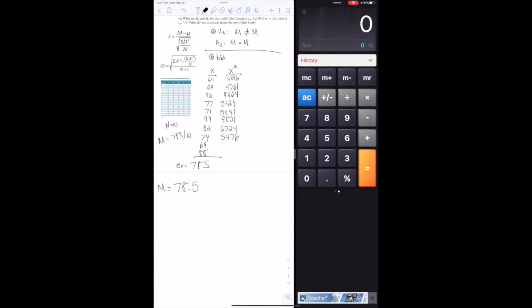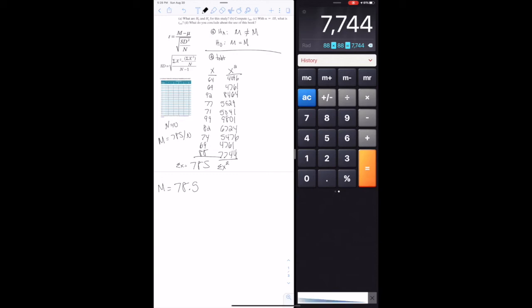We already calculated 69 squared, that's 4761. And then finally 88 squared, 7744.